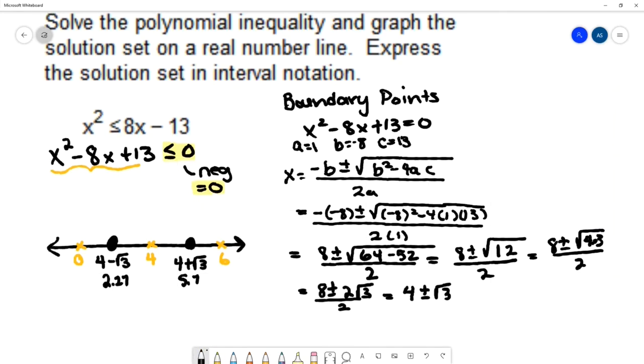And we're going to substitute those test points into our polynomial or quadratic. So for x equals 0, we get 0 squared minus 8 times 0 plus 13, and that works out to be 13. So in this interval, we have positive y values.